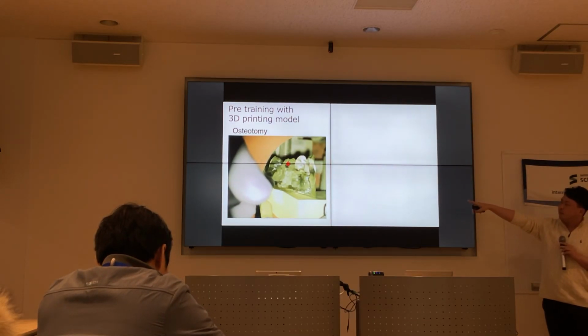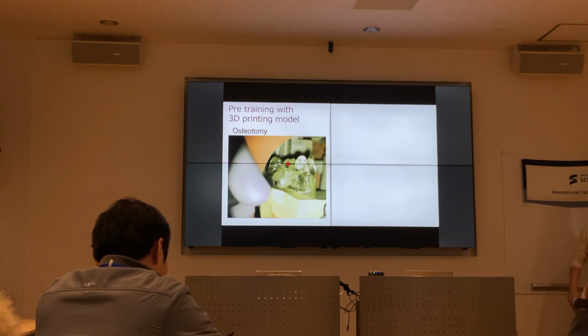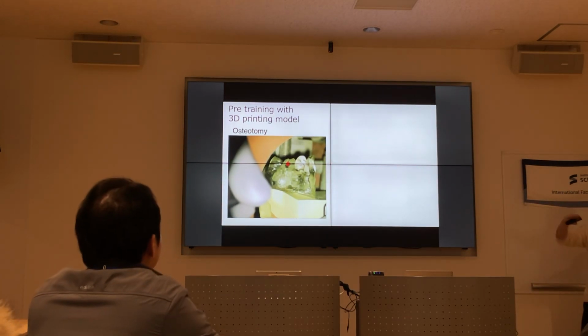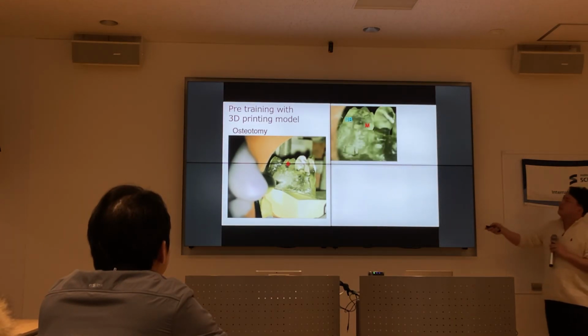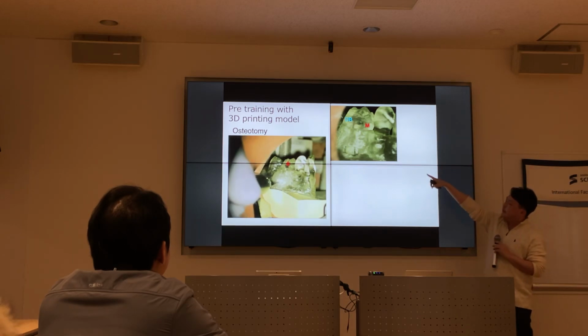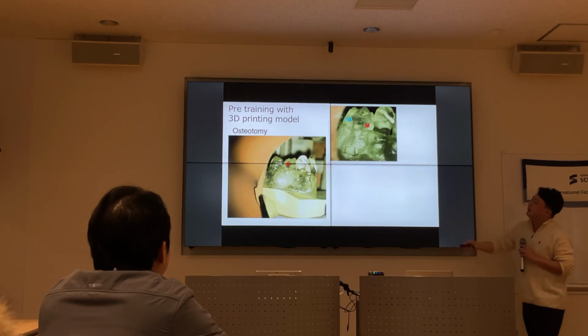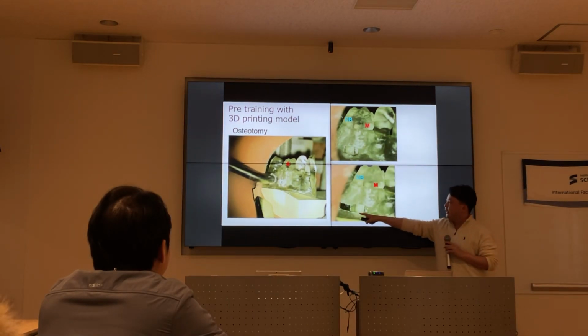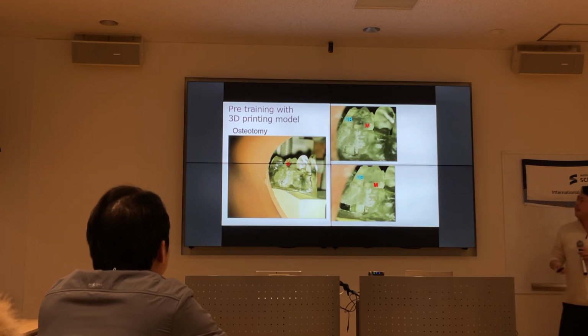This movie is during osteotomy, using a straight rounded bar under the microscope. Then this red area is the mesial root and the blue area is the distal buccal root. As you can see, here is the distal lingual root. I can imagine the image during surgery.